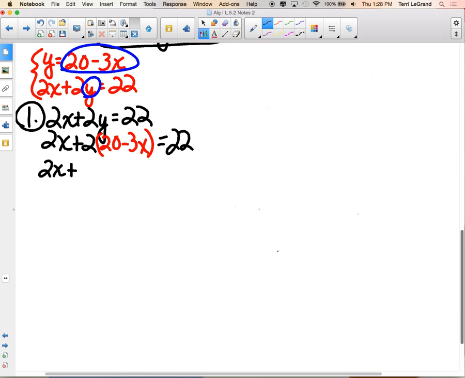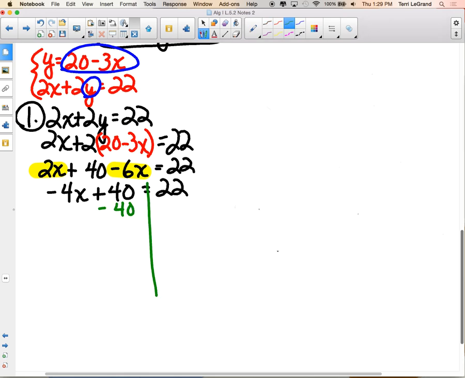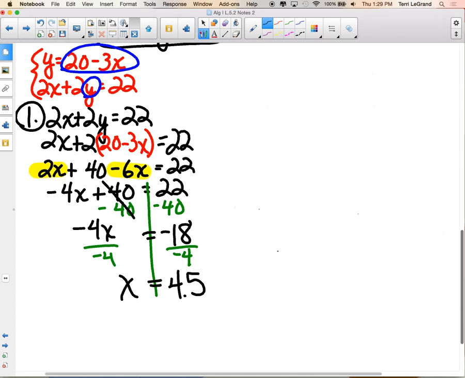Find out how much a used CD is going to cost. What'd you guys get? 4.5, okay.